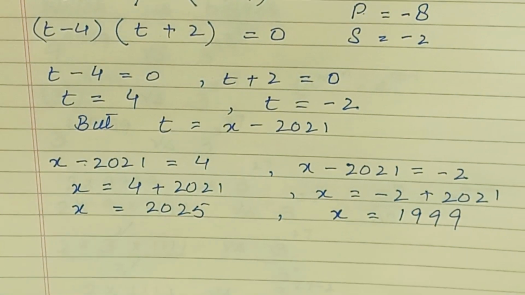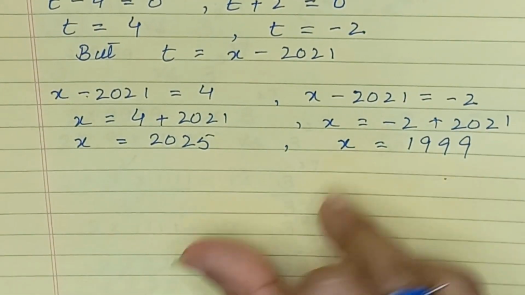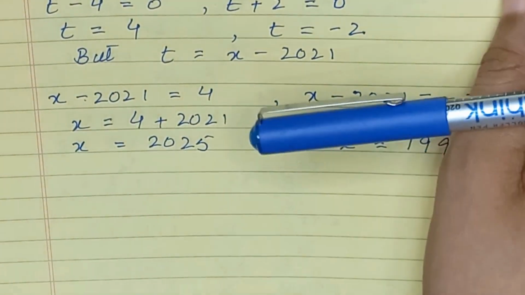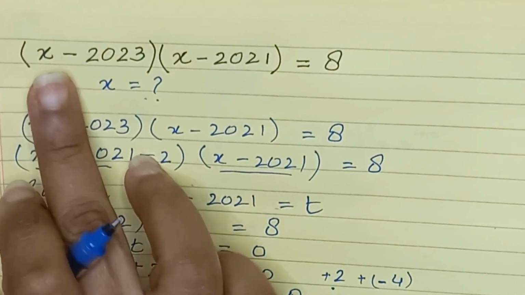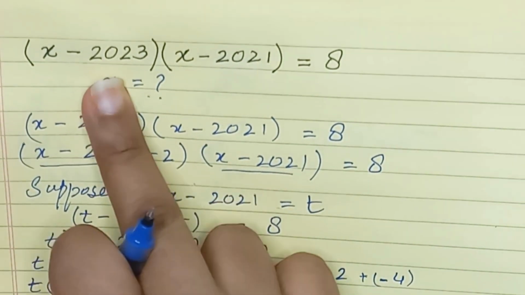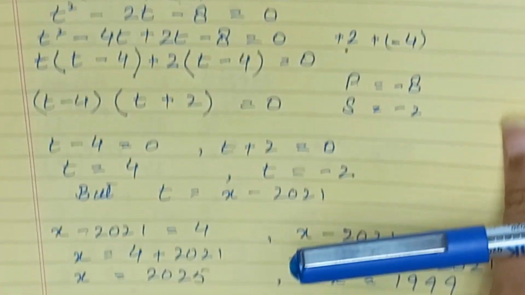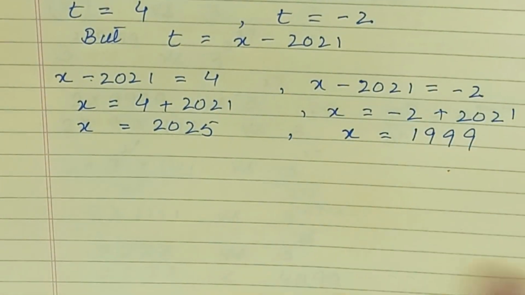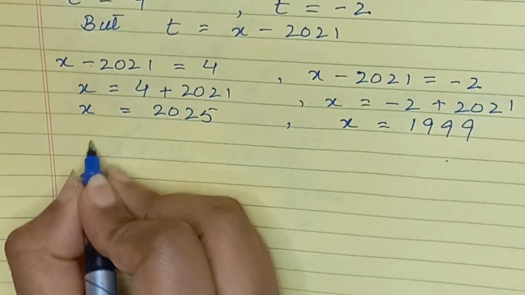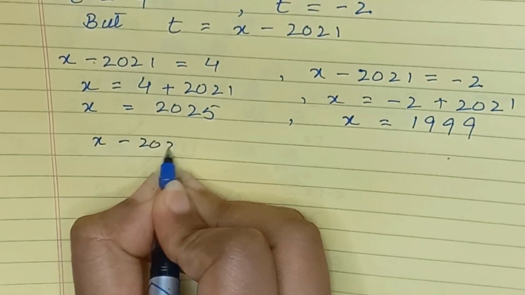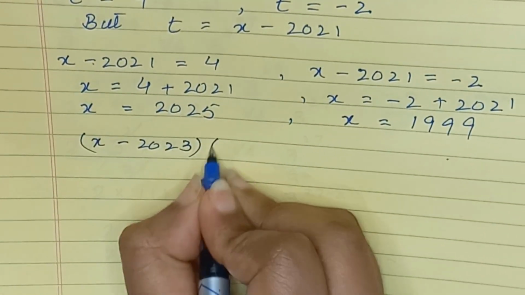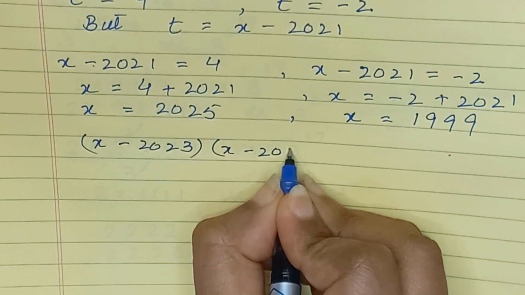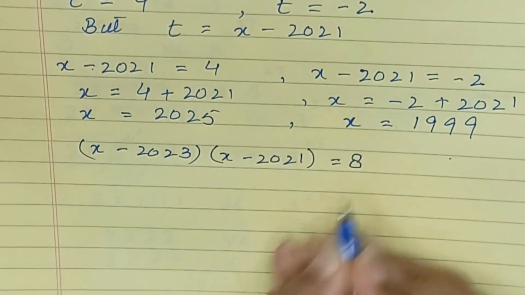So let us check whether the values of x satisfy our given equation or not, which is (x − 2023)(x − 2021) = 8. So we will put the values here.